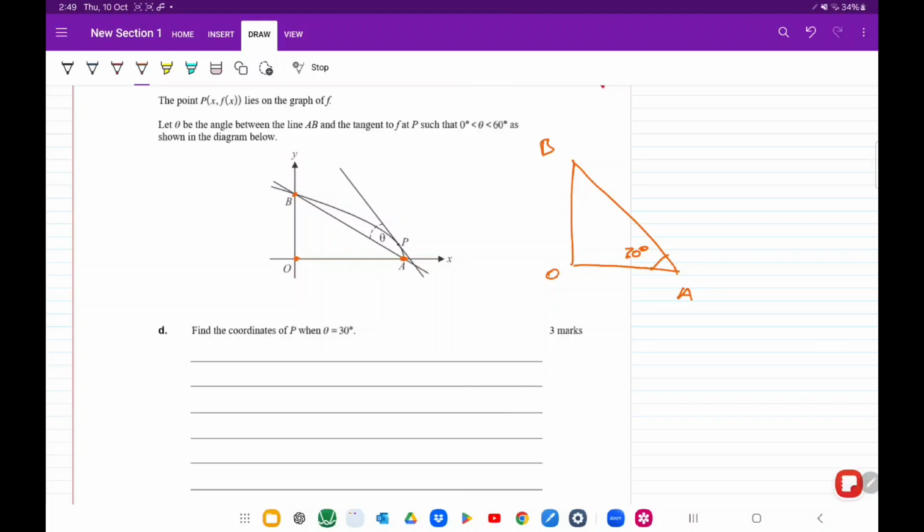Now, how do we know that that's 30 degrees? Well, we know it's 30 degrees because this height is root 3, and this length is 3. And if we work out tan theta is equal to root 3 on 3, where does tan theta equal root 3 on 3? In this case, pi on 6, so 30 degrees. Okay, so we know that that's 30 degrees.